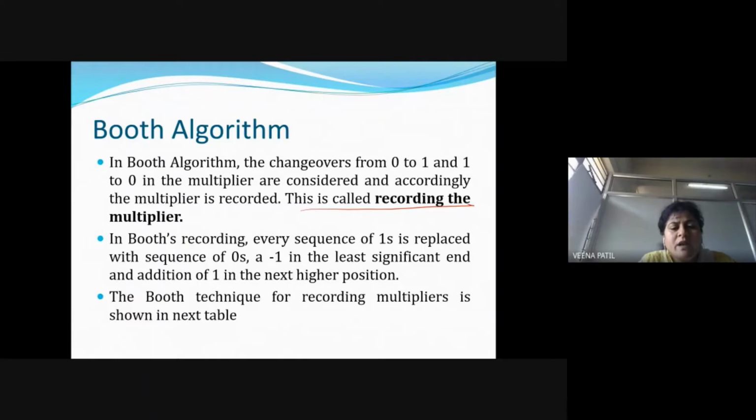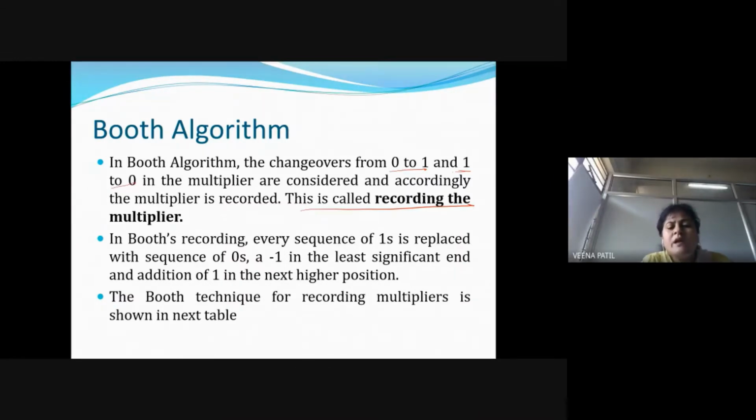Whenever we want to perform multiplication, we try to see the changeover from 0 to 1 or 1 to 0 in the sequence of the multiplier bits that is given. Now, how do we perform recoding?